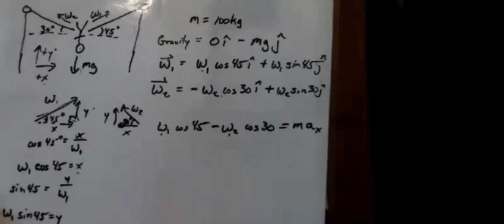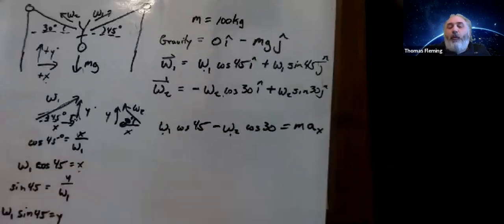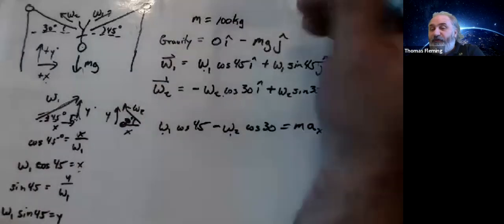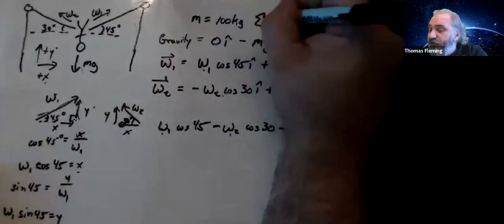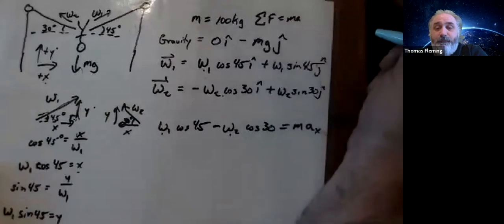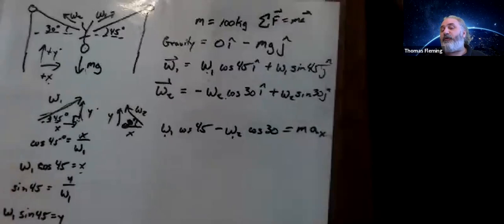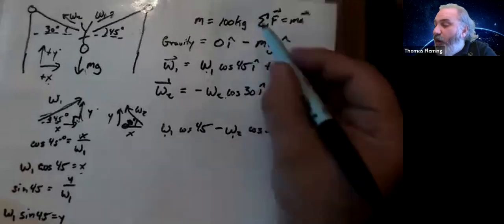Question. Yes. Can you repeat that one more time? I'm kind of lost. Okay. Yeah. So what we're doing is Newton's second law, right? Newton's second law says the sum of the forces equals m times a, right? But the sum of the forces and a, they're both vectors. And when you add vectors, you do them one component at a time. So I'm first going to do the x component. That's all the i hat stuff.